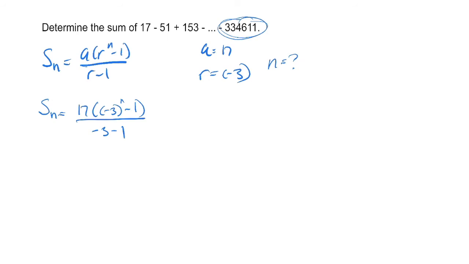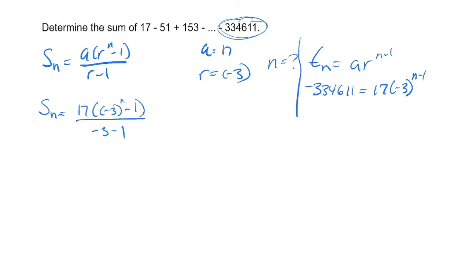Our geometric equation: T of n is equal to a times r to the n minus 1. So T of n, the nth term, is negative 334,611, which is equal to a, our first term, 17, times our common ratio negative 3, to the power of n minus 1.